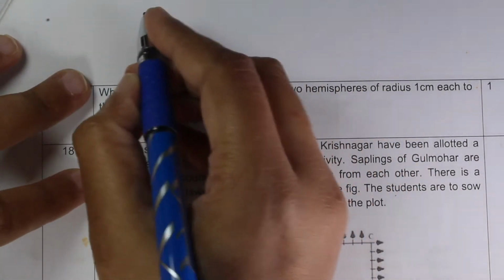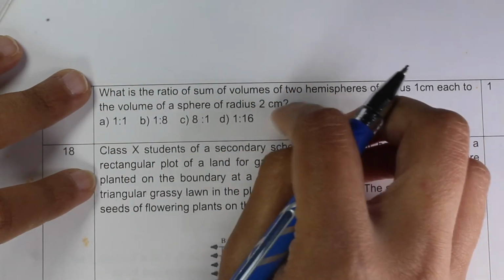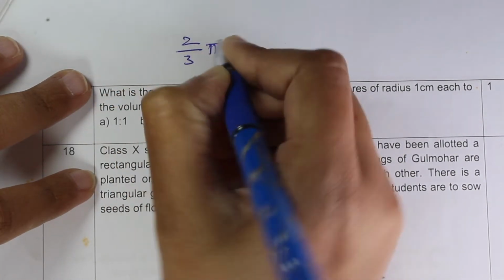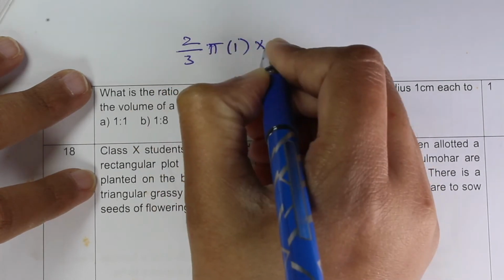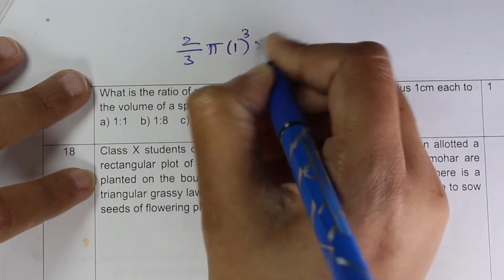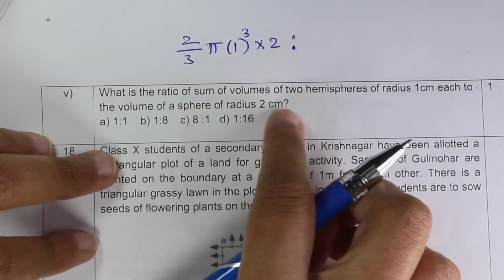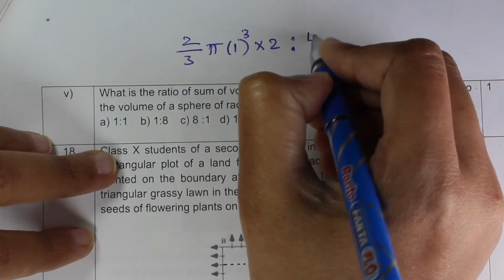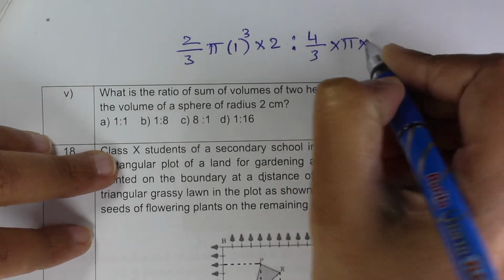So first of all, let's find out the volume of two hemispheres of radius 1 each. So 2 by 3 pi r, r is 1, right? 1 cube, and there are two such hemispheres, into 2, is to the volume of the sphere of radius 2 centimeters, which is 4 by 3 into pi into r cube, 2 cube.